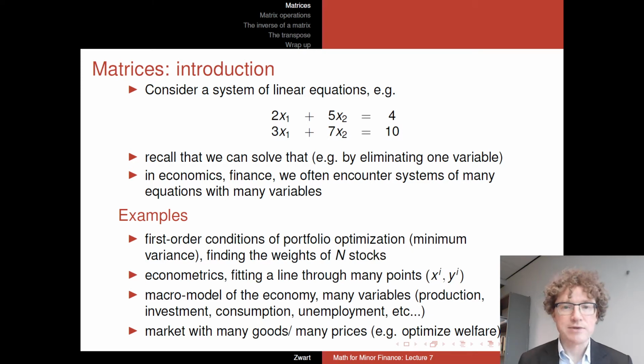Some examples of that you will see in the courses that you'll take. As I just mentioned, portfolio theory, so in the optimization of a portfolio of stocks. We looked at the question, what happens if we have 3 stocks last time? But in general, there are many more than 3 stocks. There might be 100 or even 1,000 different stocks.